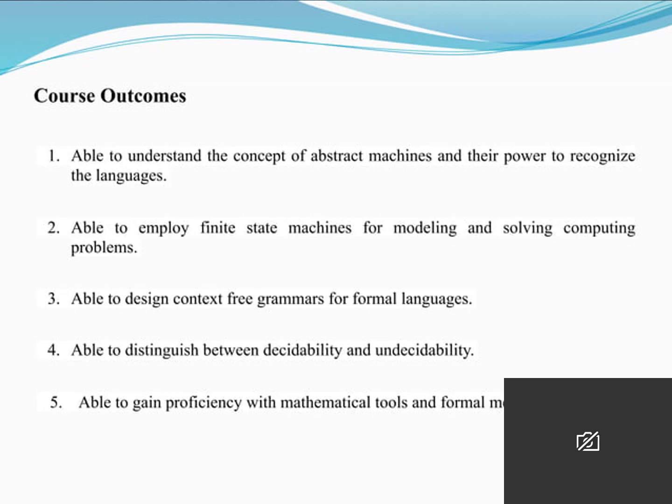Fourth is to be able to distinguish between decidable and undecidable problems. And fifth, we are able to gain proficiency with mathematical tools and formal methods. These are the course outcomes we can learn from this course, Formal Languages and Automata Theory.